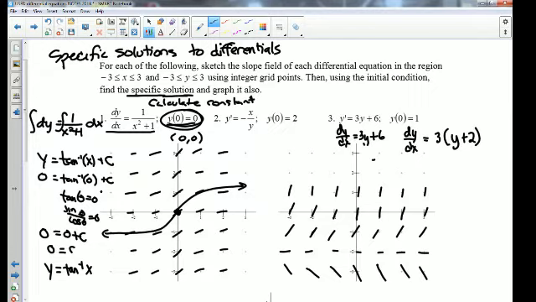So I get 1 over y plus 2 dy equals 3 dx. I didn't write my dy. I factored the 3 out and then divided by y plus 2. You divide by it on both sides of an equation.